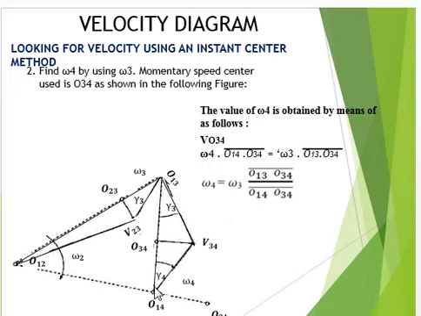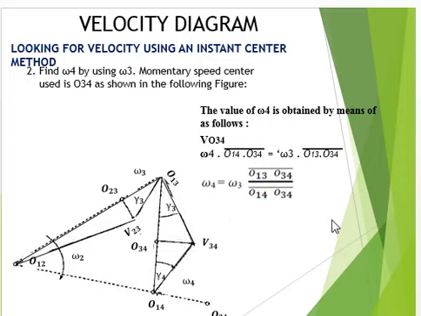So we can conclude that the linear velocity at this position is equal to omega 4 multiplied by the radius O14 O34. This is the radius for omega 4. This equation is equal to omega 3 multiplied by its radius, O13 O34.